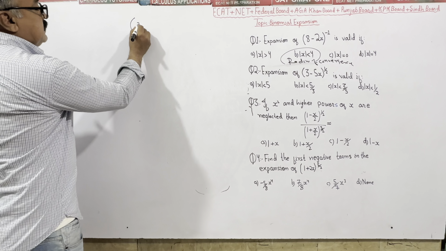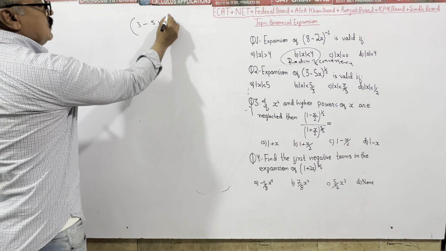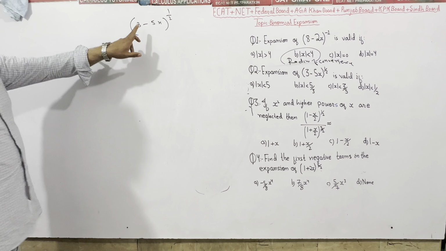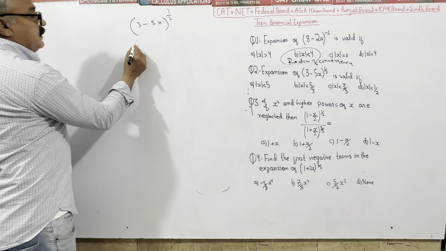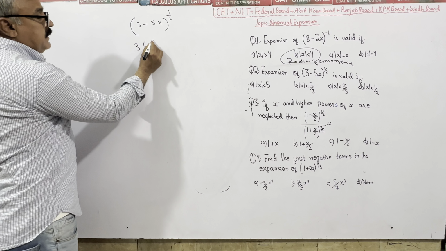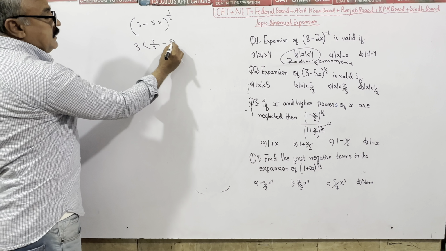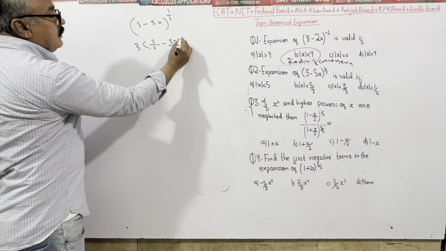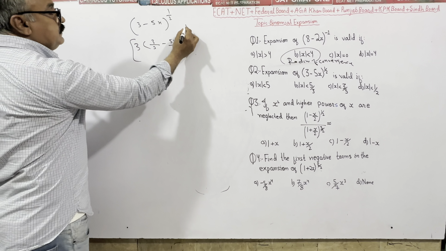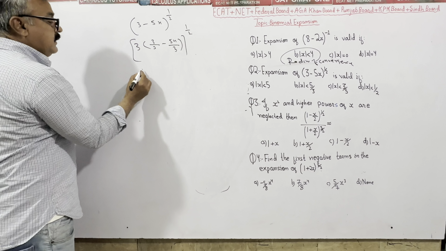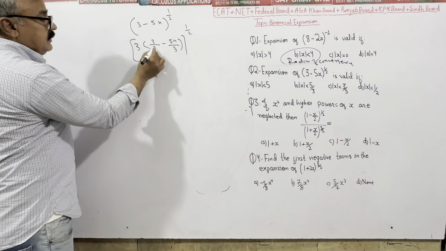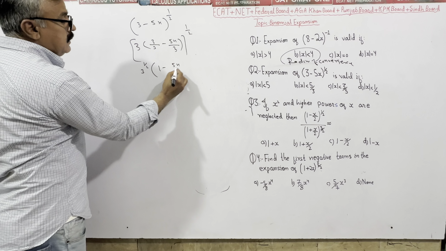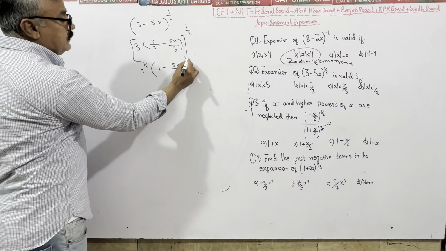Take 3 common, which means divide by 3: 5x over 3, overall raised to 1 over 2. Now 3 raised to 1 over 2, then 1 minus 5x over 3 raised to 1 over 2.